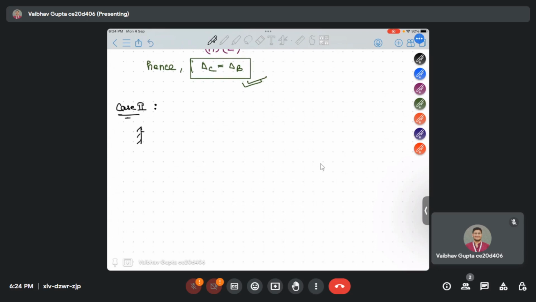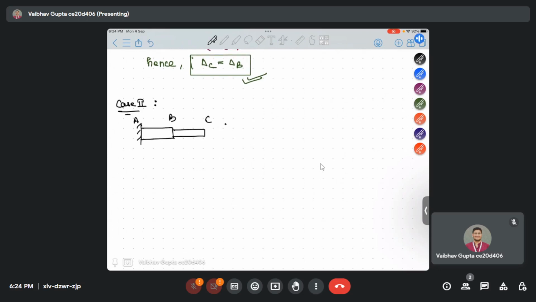Suppose the same thing, AB and BC, and now here is a support, and this is nothing but a gap given, which is equal to delta. Okay, this is the third case. I'll first solve the other case, then we'll move ahead to this case.